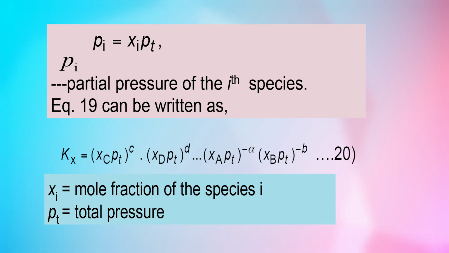Okay? So, then we get this equation 20. In terms of mole fraction, if you find out the equilibrium constant, then from equation 19 and this relation, partial pressure of ith species equal to Xi Pt, we can write down this.